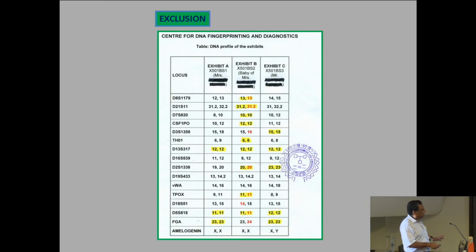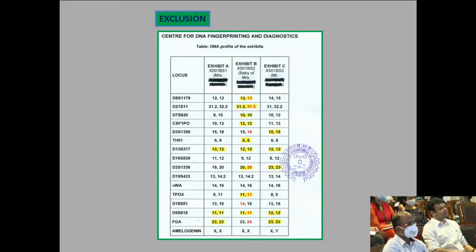And then we did the DNA profiles of the trio, and found that that was not the case because there are these alleles which are marked out in red, that couldn't have come from the father and they couldn't have come from the mother. So the alleles in red excluded this person as the father.